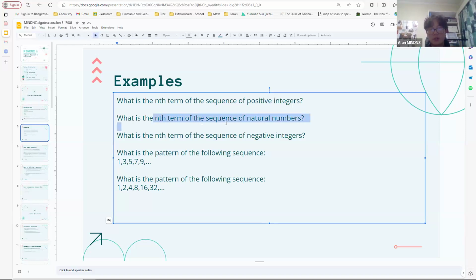And what's the nth term of the sequence of natural numbers? Can someone tell me in the chat? Okay, so natural numbers start with 0 instead of 1, right? So it should be n minus 1. And what's the nth term of the sequence of negative integers? It's just negative n.